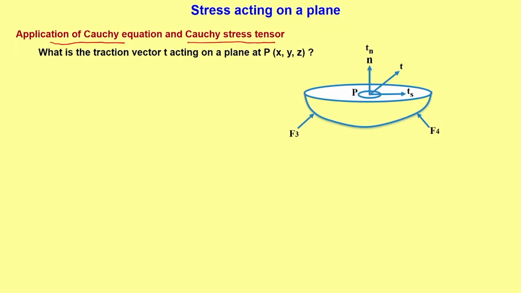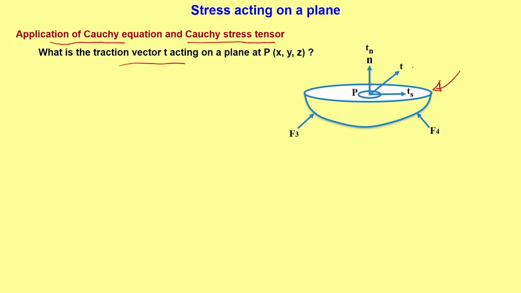What is the traction vector T acting on a plane at point P? Point P is denoted by x, y and z. This is the same plane which we discussed in the last lecture, where we evolved Cauchy's stress tensor.